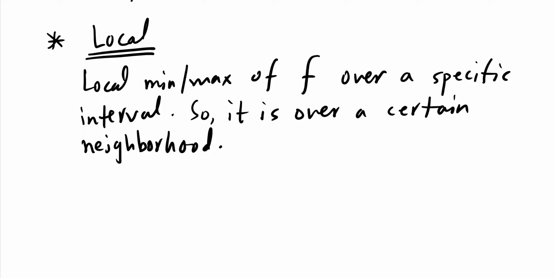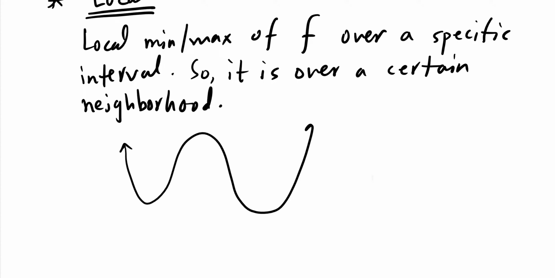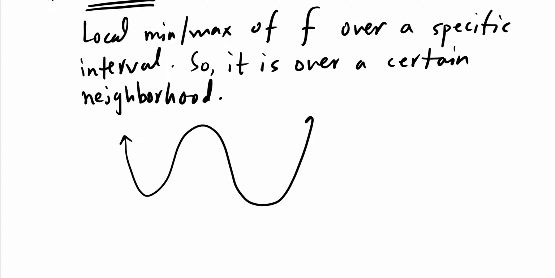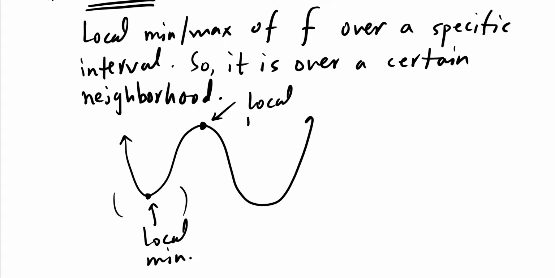Let's look at a random graph like this. This is a graph of f. Within this neighborhood, somewhere here, that's the local minimum. This is a local maximum. This is a local minimum.